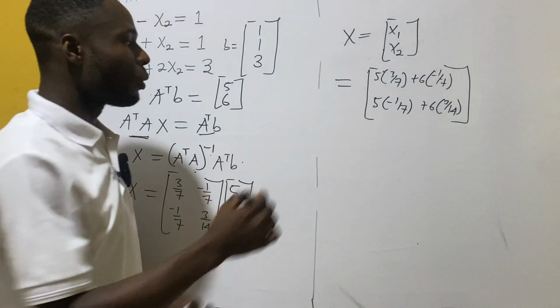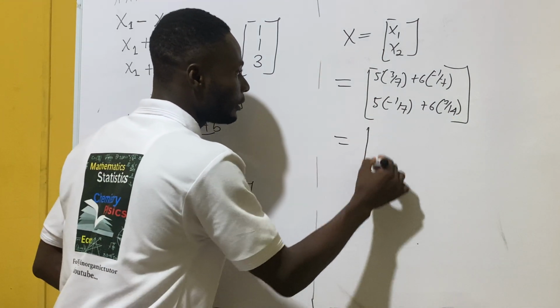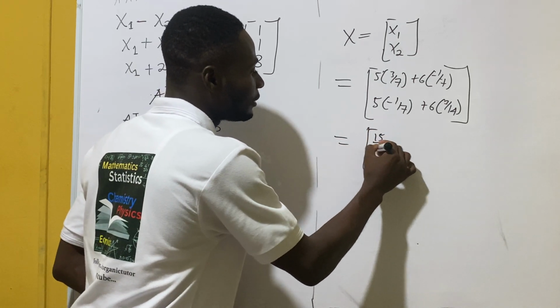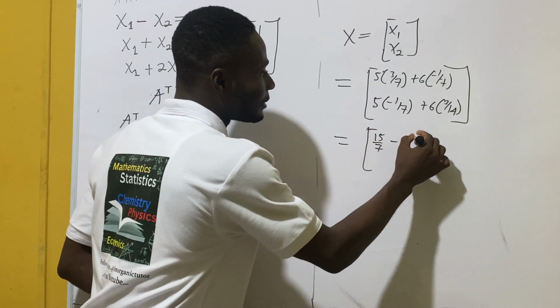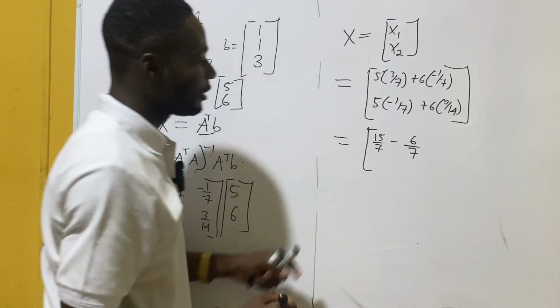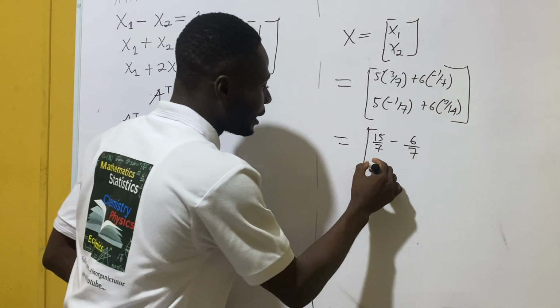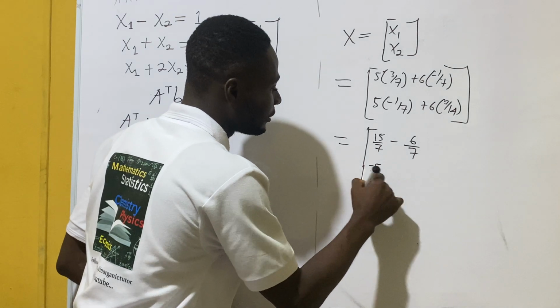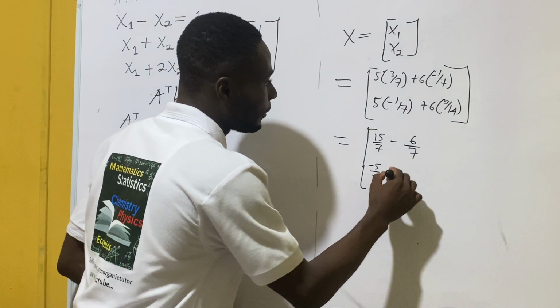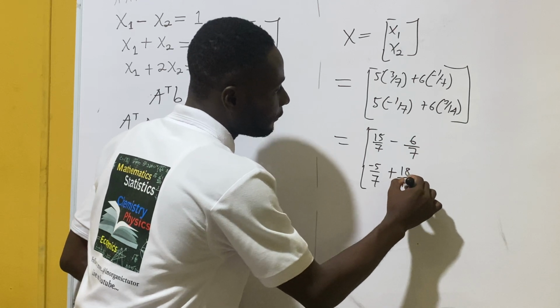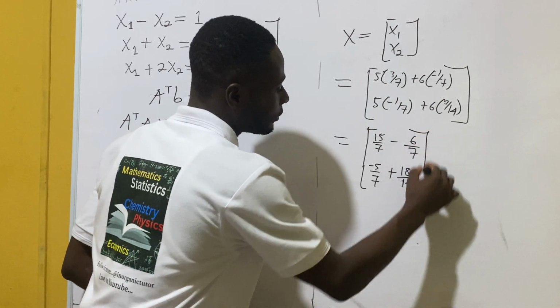When you compute this very well, you're going to have 15 over 7 minus 6 over 7. And also down, you're going to have minus 5 over 7 plus 18 over 14, right?